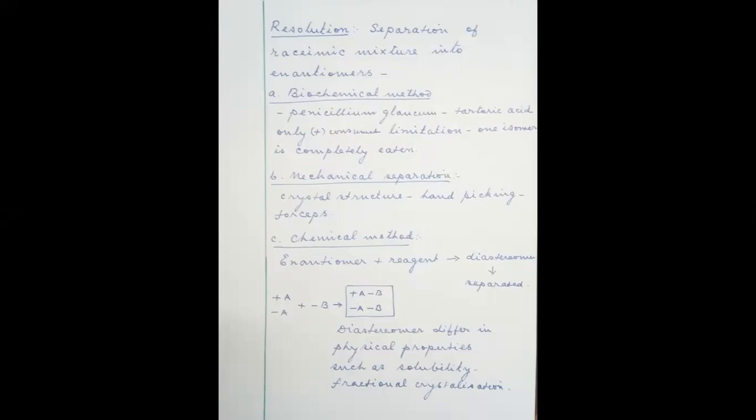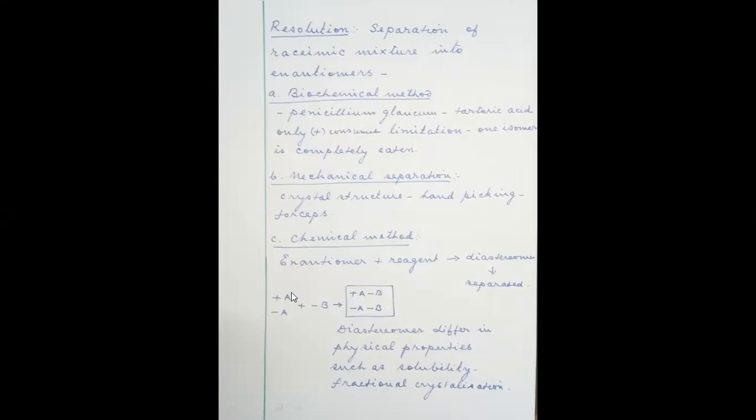Here, you take the racemic mixture and allow it to react with a reagent, and after the reaction you get diastereomers, and the diastereomers can be separated. Diastereomers can be separated because of the difference in physical properties such as solubility. You can make use of the fractional crystallization technique and separate them.